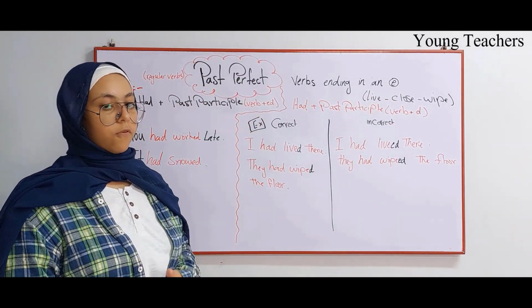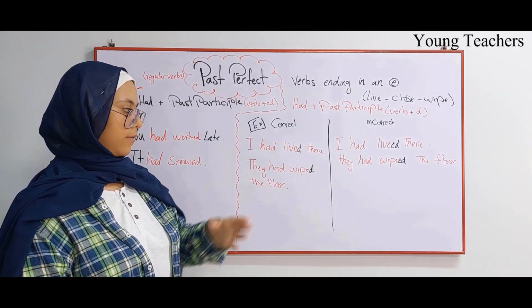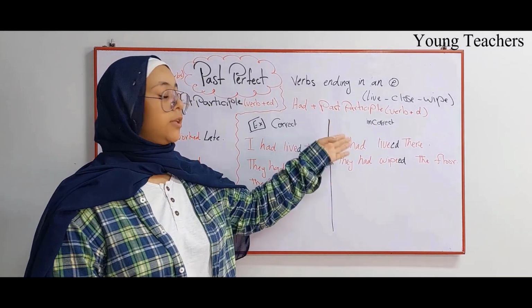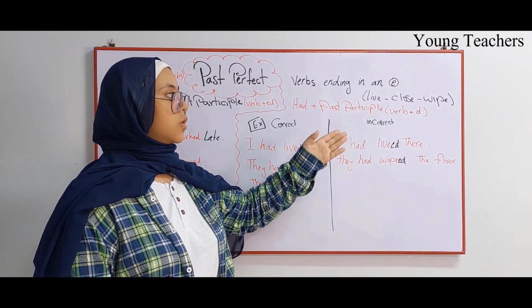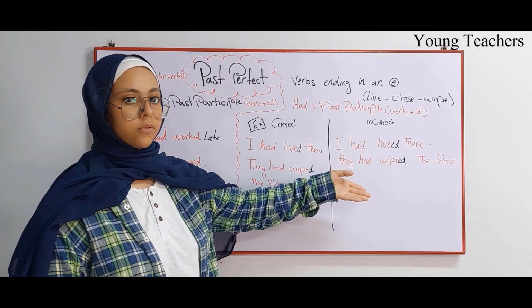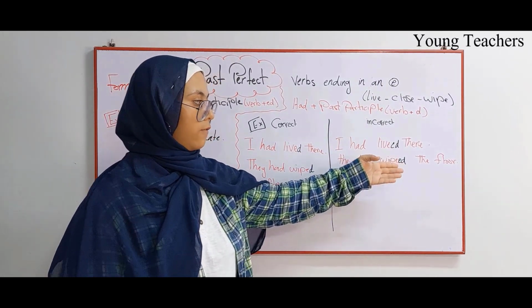Correct form of verbs ending in e: I had left there. They had wiped the floor. Incorrect: they had leaved there, because we put another e with the d. So this is incorrect. They had wiped the floor.